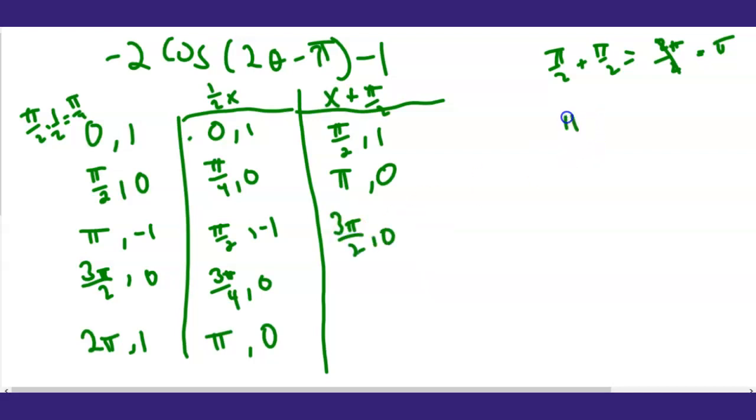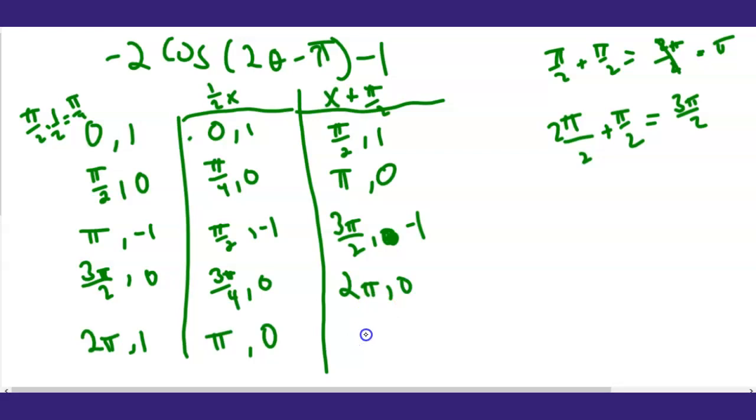Again, get common denominators. I need to put that over 2, plus pi over 2, gives me 3 pi over 2. 3 pi over 2 plus pi over 2 is 4 pi over 2, or 2 pi.